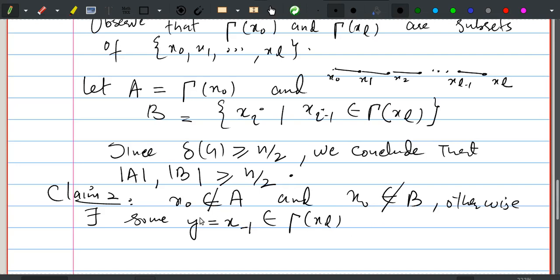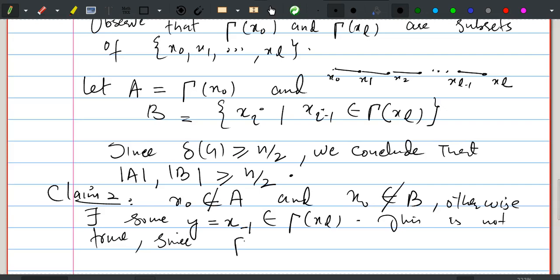Otherwise there is some y which is equal to x minus 1, which is in the neighbors of xl. This is not true, since the neighbors of xl are a subset of x naught through xl.